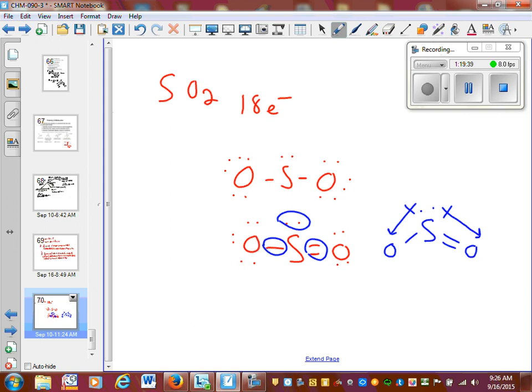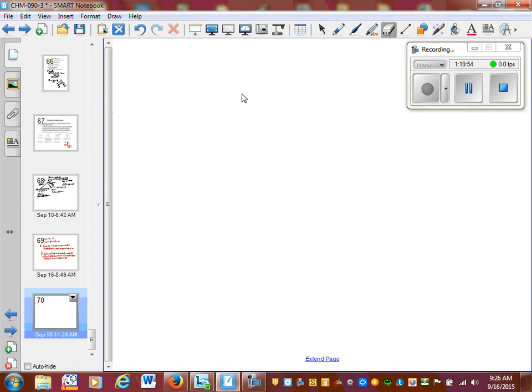Now, CO2 we said was linear, and it was nonpolar. What shape is this? Hydrogen cyanide. Linear, two groups.